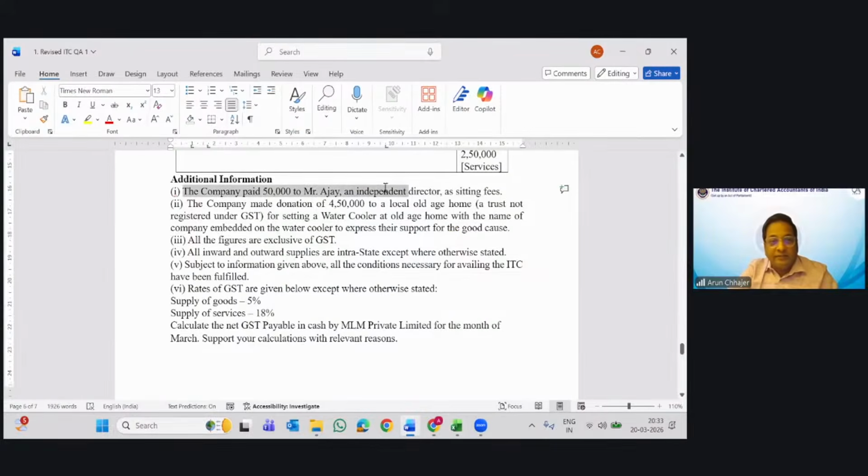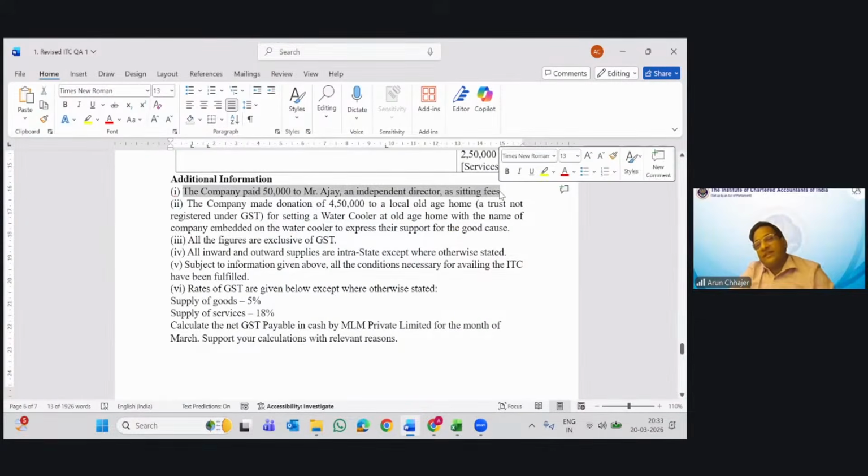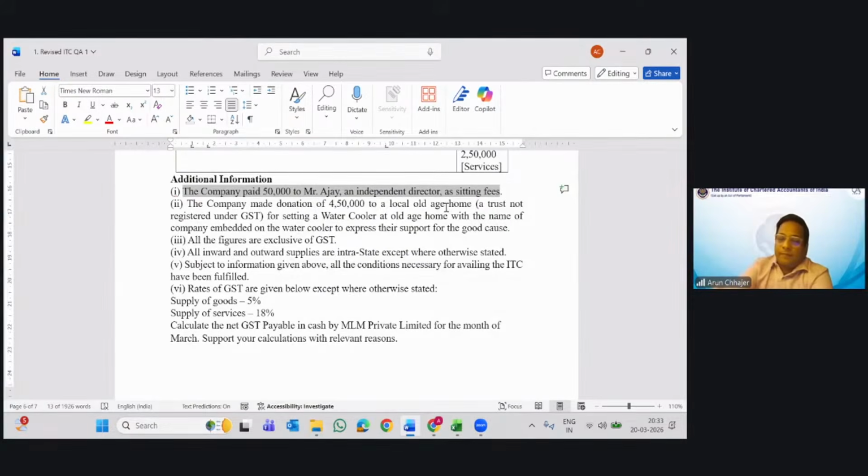Now the company paid 50,000 to Mr. Ajay as sitting fees as independent director. What will you say? RCM?